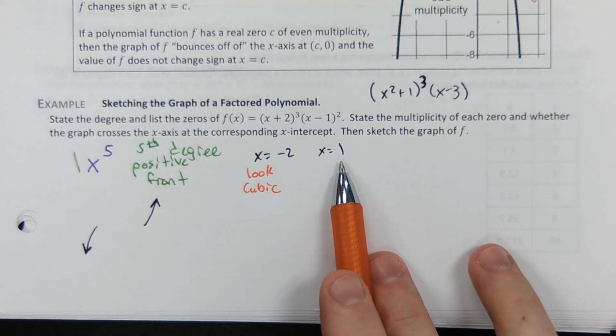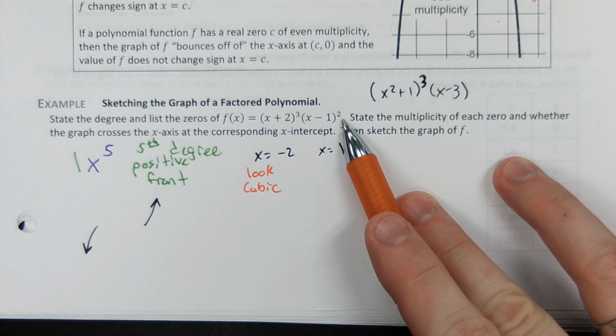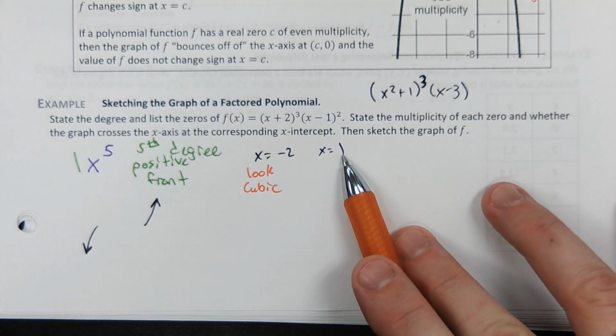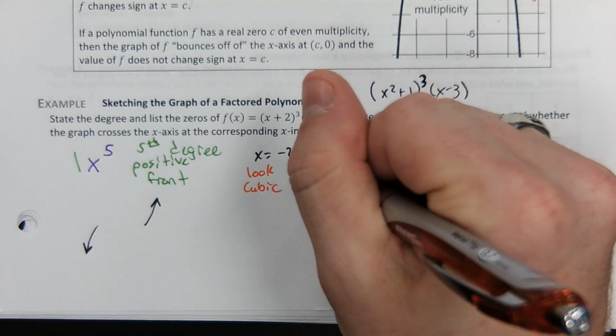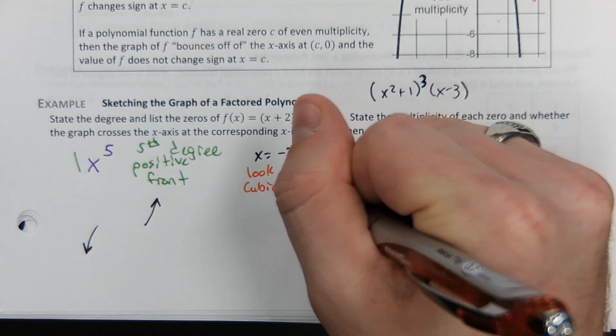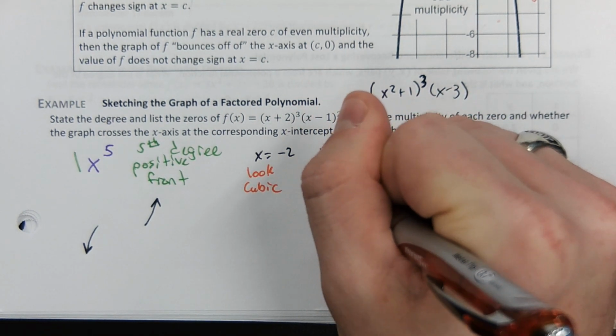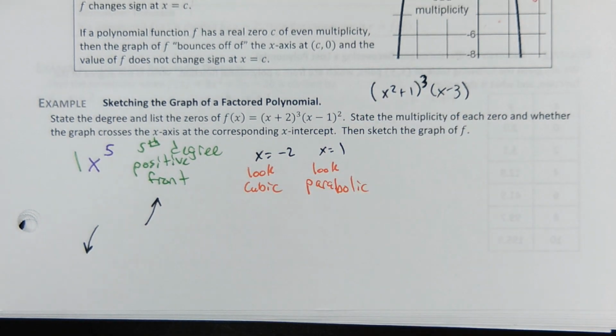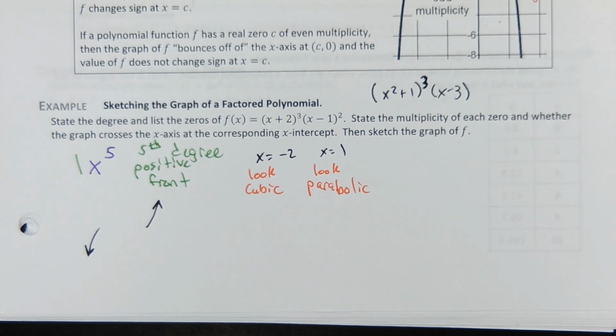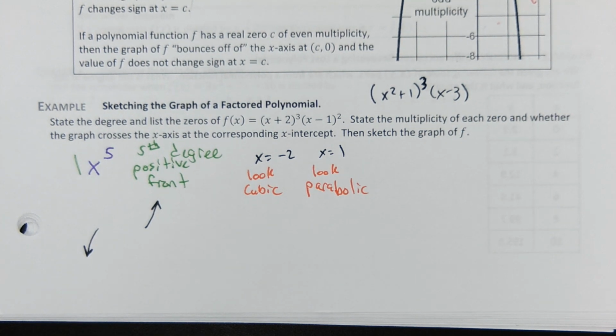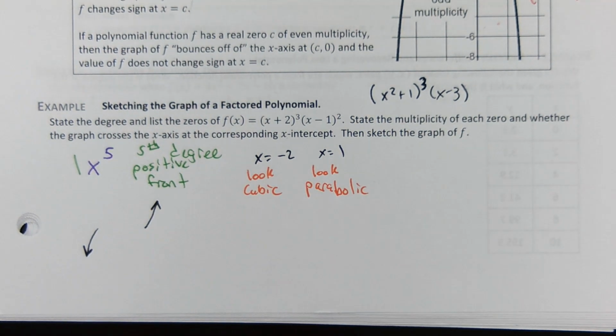At x equals 1, because the multiplicity is 2, what will this behave like? Quadratic. It's going to look like a parabola. We know what our endings look like, and we know how the graph is going to behave at every one of its zeros. We are ready to rock and roll.